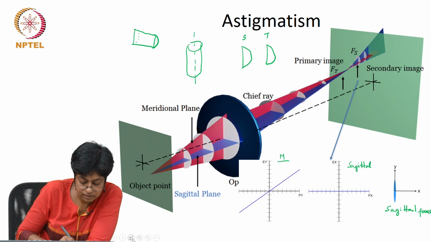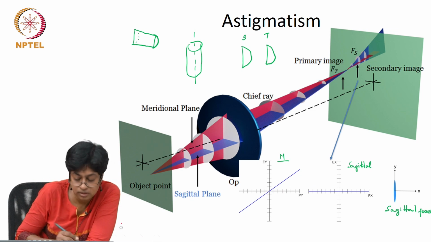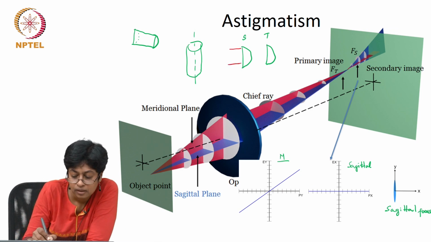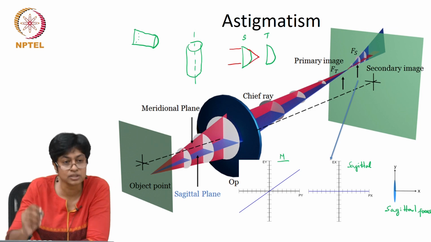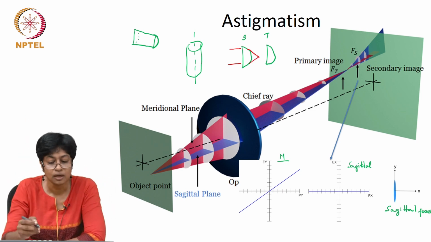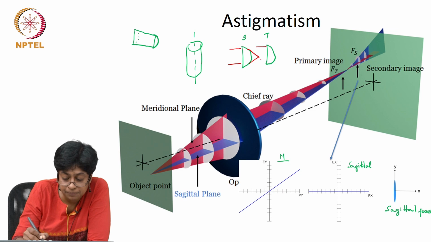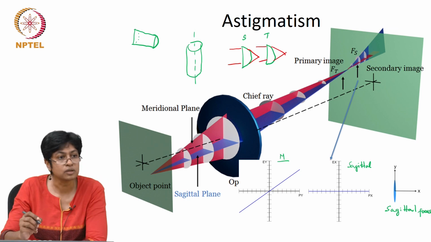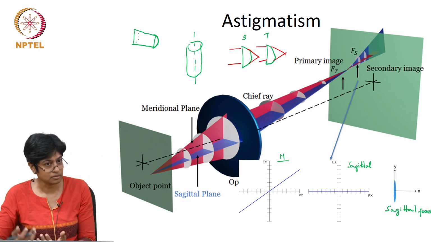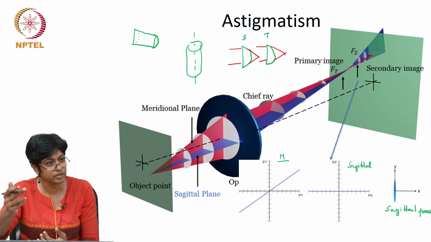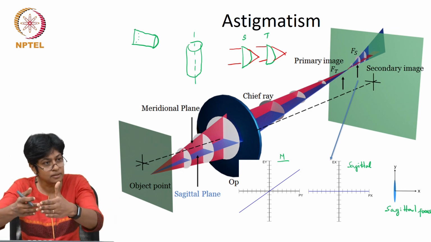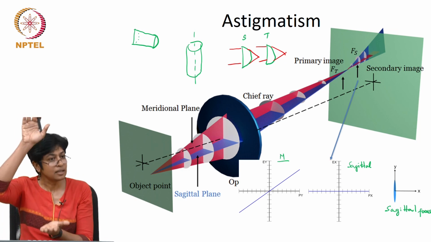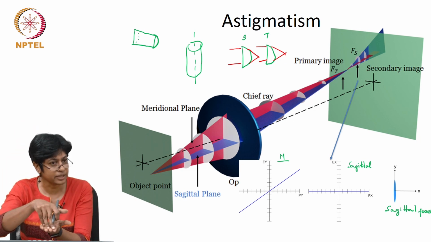Now, if I have light incident on this lens, it comes to focus because it's bent by this curvature. In this, the same beam would come to focus because it's bent by the other curvature. There's this curvature and this curvature. So these rays are getting bent, the sagittal rays are getting bent, the tangential or meridional rays are getting bent.